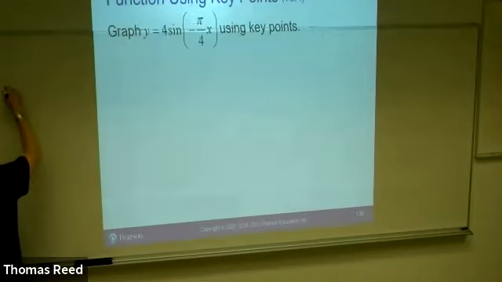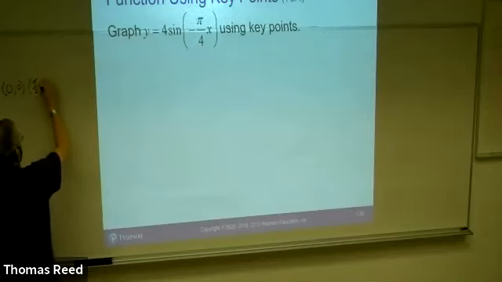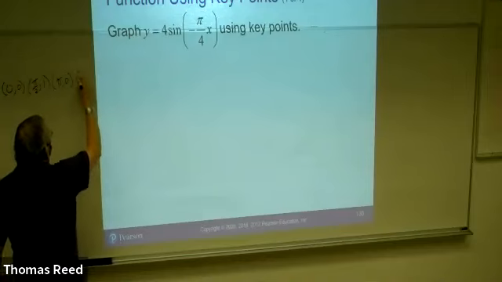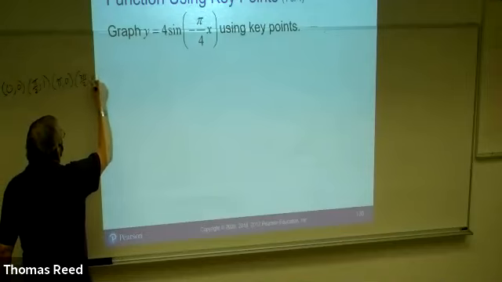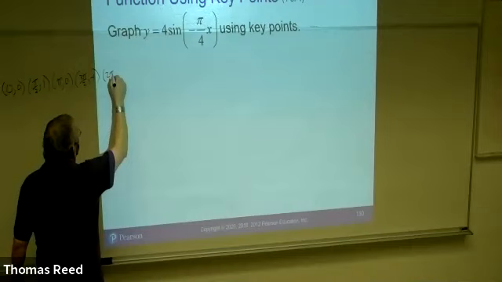The key points for sine: at 0, it's 0; at pi over 2, it's 1; at pi, it's 0; at 3/2 pi, it's -1; and at 2 pi, it's 0.